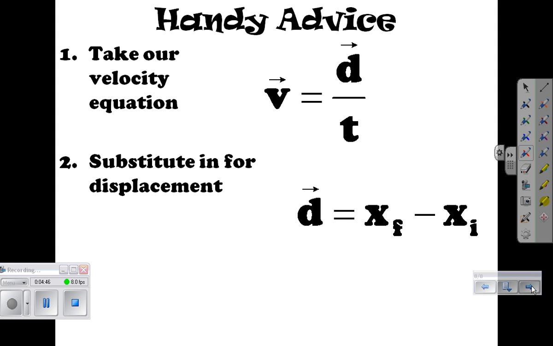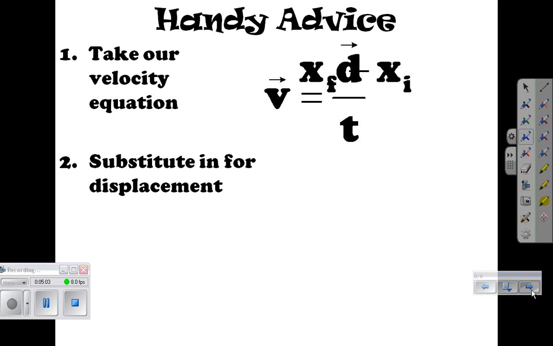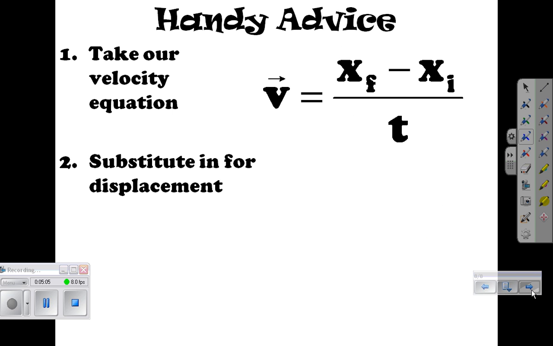So what I'm going to do is take all of this and plug it in to that displacement symbol there. I'd like you to write that down.